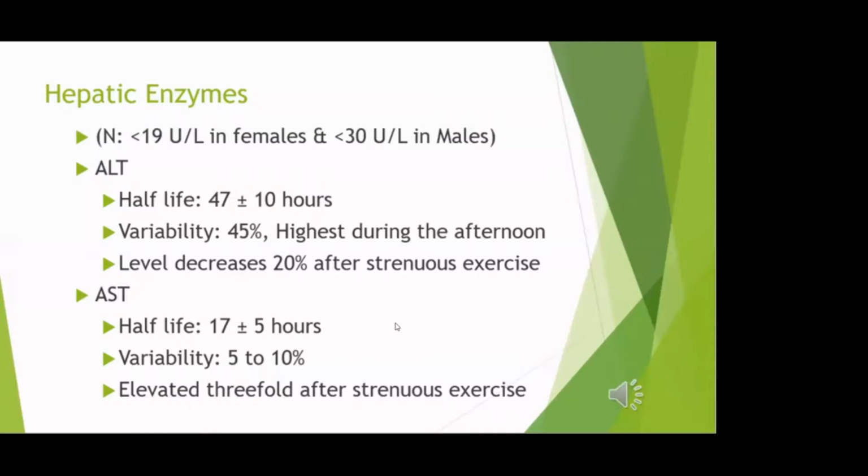They are different for males and females, and are usually affected by exercise. The level decreases by 20% after strenuous exercise for ALT, and it's the reverse for AST, which is elevated threefold after strenuous exercise.